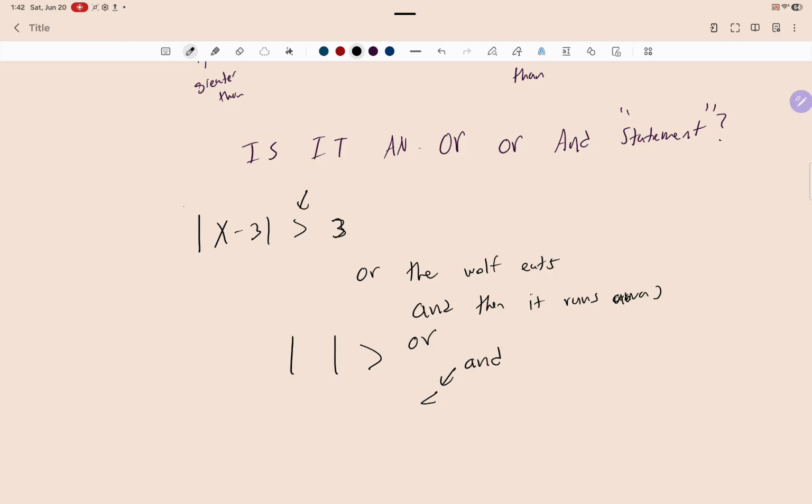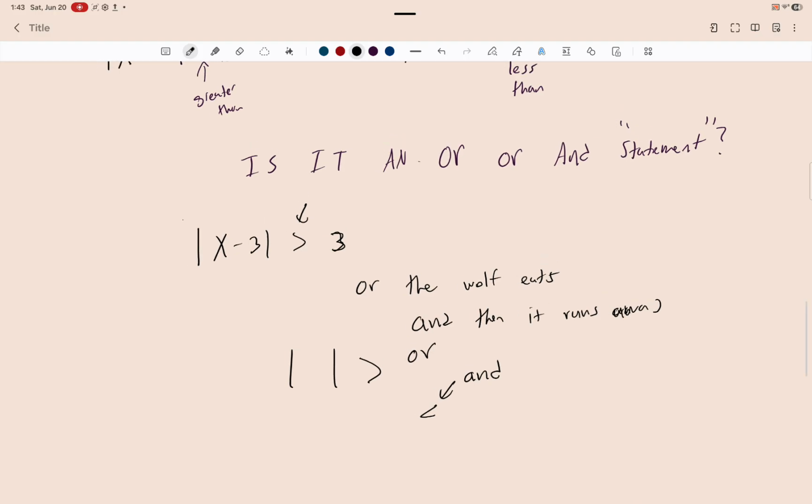So once again, to differentiate whether it's going to be an or or an and statement, consider this. Or, the wolf eats you, and then it runs away. So if it's facing the absolute value, like this one here, then this is going to be an or. But if it's facing this way, then this is going to be an and.